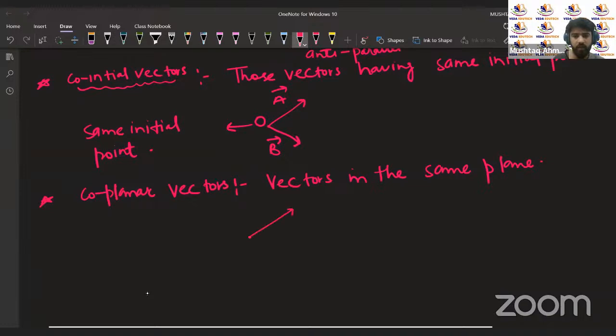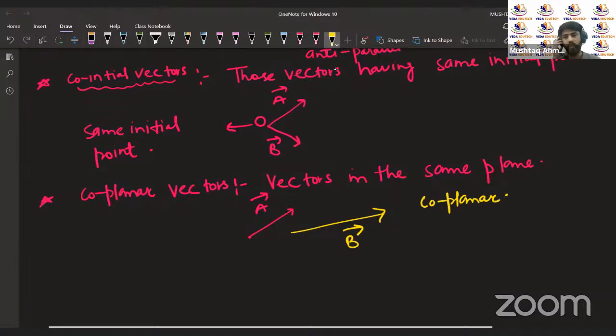Suppose I have vector A here in this direction, and I have another vector B here in this direction. So these two vectors lie in the same plane. I can call this coplanar. And two vectors are always coplanar. If there are two vectors, they are always within a plane.